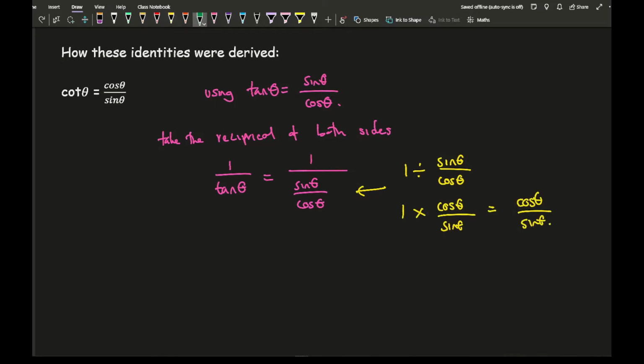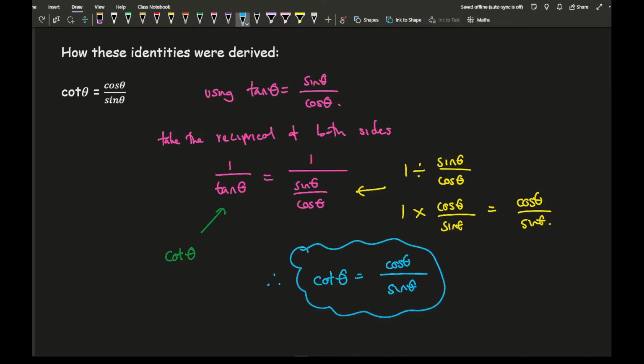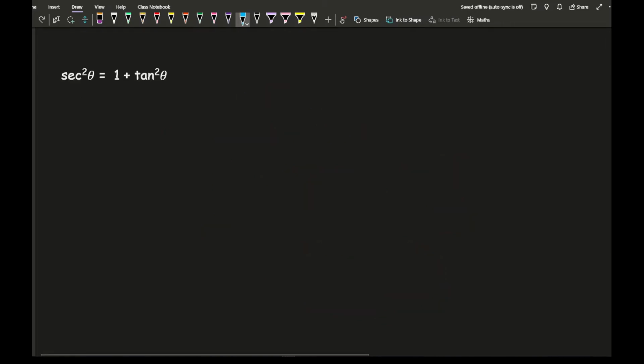And the left hand side, 1 over tan theta, is more commonly known as cot theta. So therefore, cot theta equals cos theta over sine theta, and that there is our first proven identity.